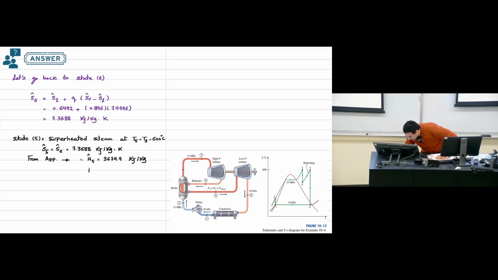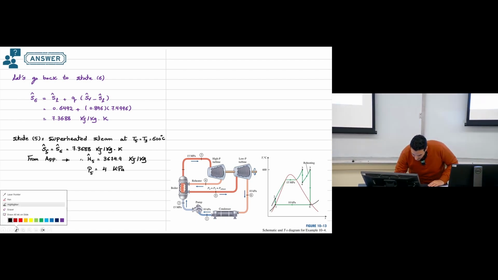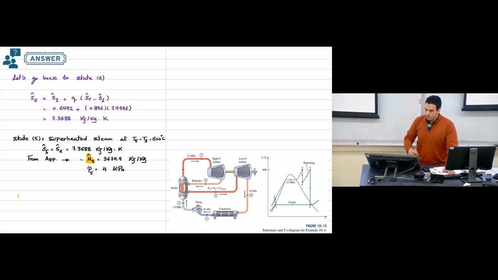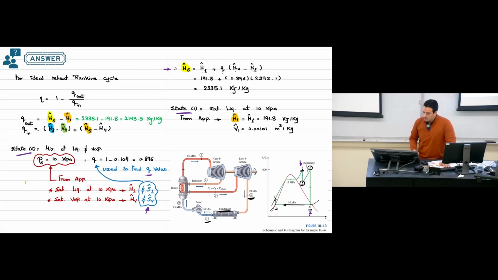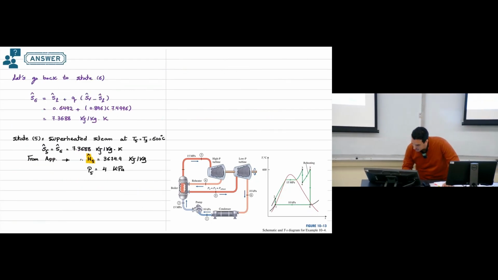And also I can find pressure at point 5, and the pressure at point 5 will be 4 megapascal. I have one more enthalpy now. I'm able to calculate this one. So this is the value of the enthalpy, H5. So if we get back to the equations, now I have this H5. So I'm only missing H4. So now I go back and continue to state 4.